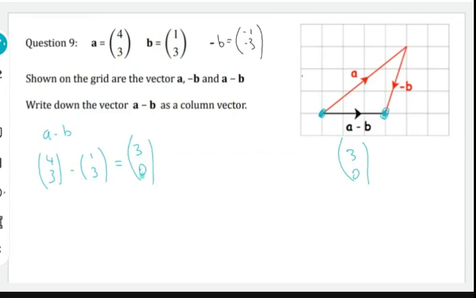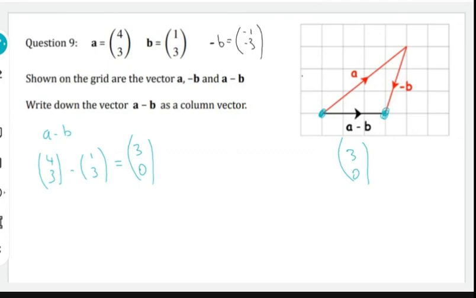So what are our findings from this? What do we notice? I'm not sure. Well, compare what we've just worked out to when I asked you to work out the vector. You just minus it like normal numbers.